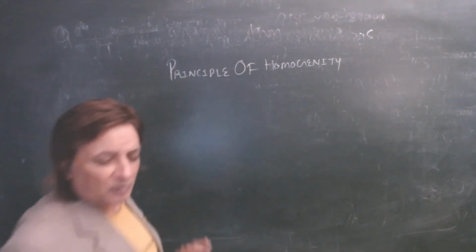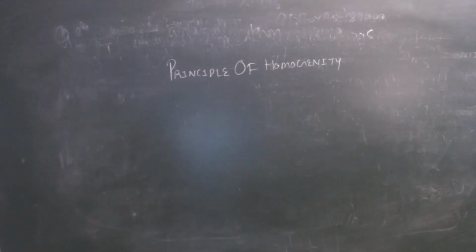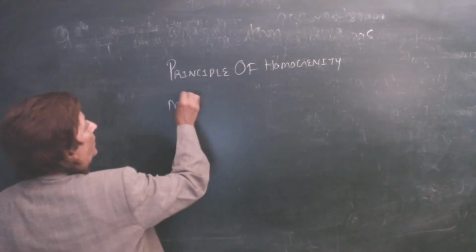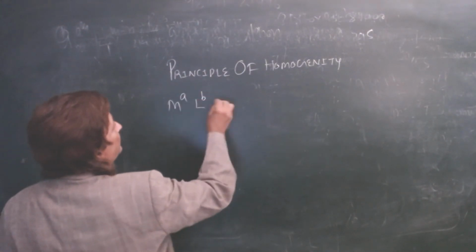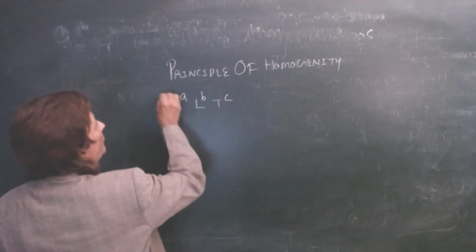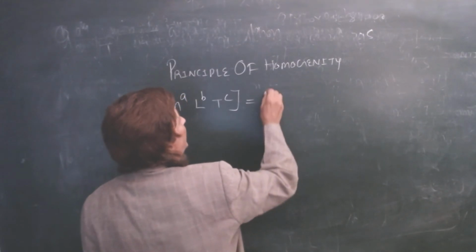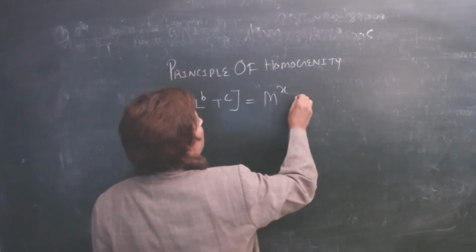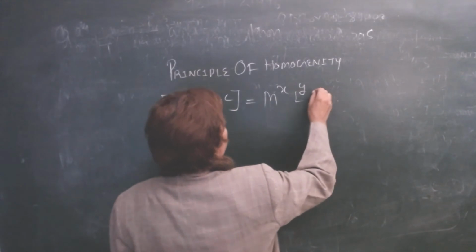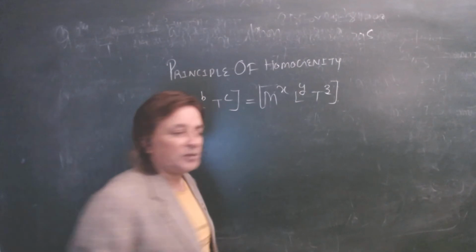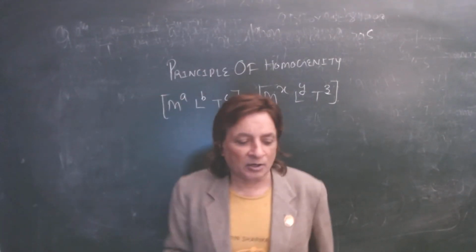The principle of homogeneity states that the dimensions of mass, length and time on the left hand side of a dimensional equation must be equal to the respective dimensions on the right hand side.